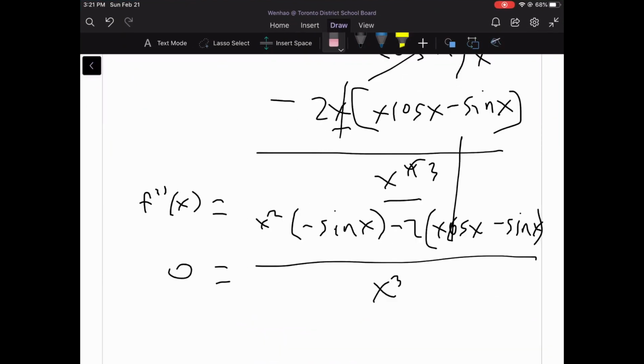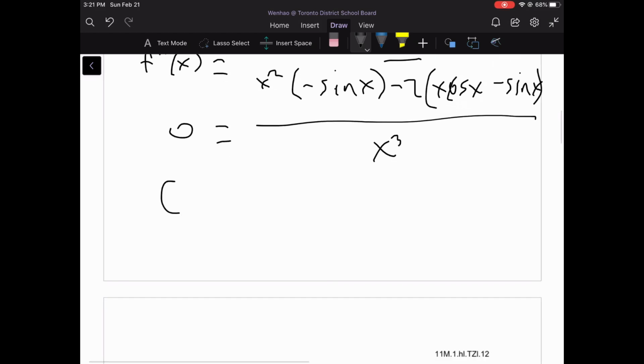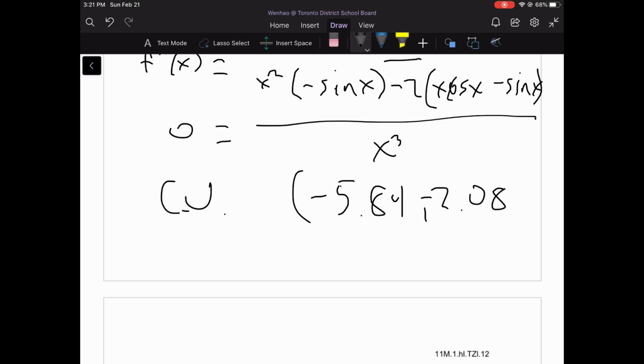Oh, sorry. Alright, so the answer is concave up from negative 5.84 to negative 2.08.